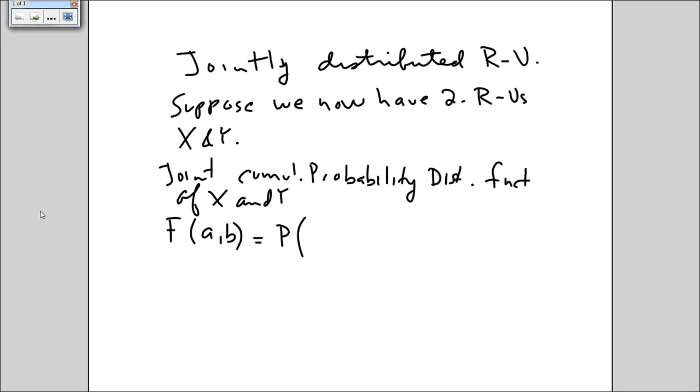This is the probability that the random variable X is less than or equal to a, and the random variable Y is less than or equal to b. So the chance that X is less than a, and at the same time Y is less than b. And of course, a and b are somewhere between negative infinity and positive infinity, but they can't equal either infinity, sorry. Basically, a and b are real numbers.